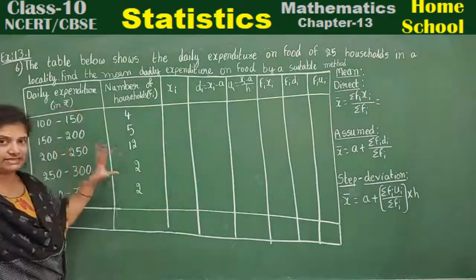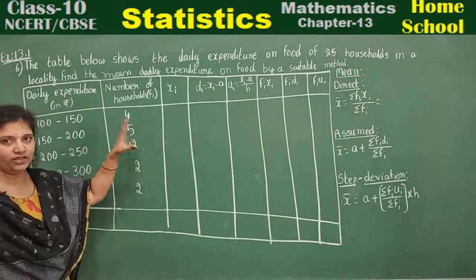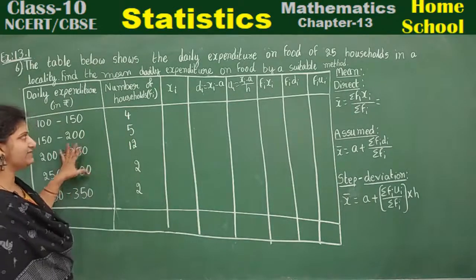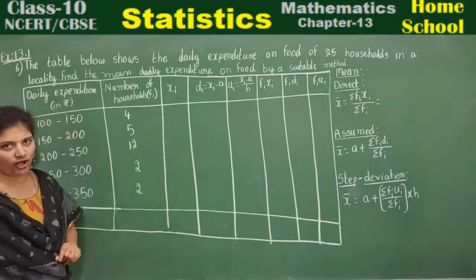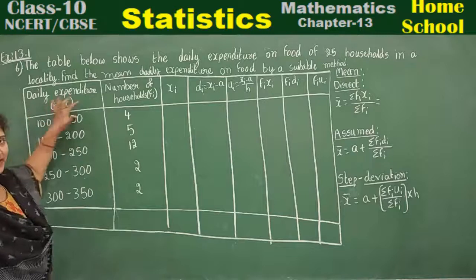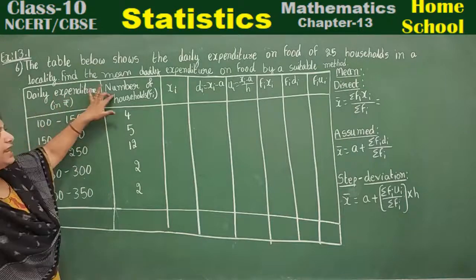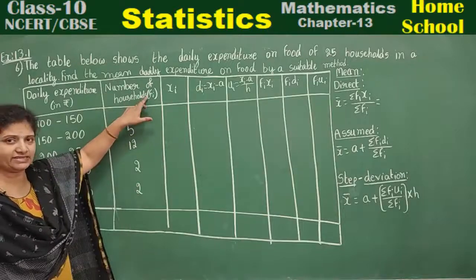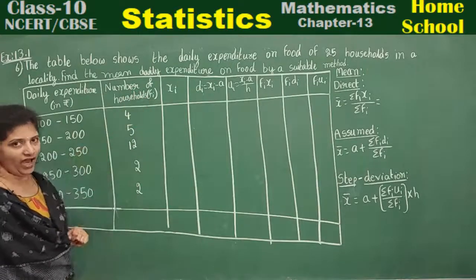You can see this data in two rows. Now I am going to write those two rows in the answer as the first two columns. The first column is daily expenditure in rupees. The second is the number of households, which we always consider as the frequency Fi.